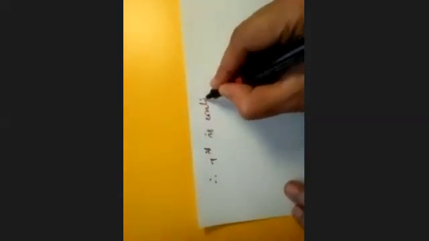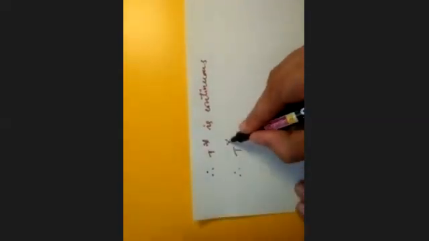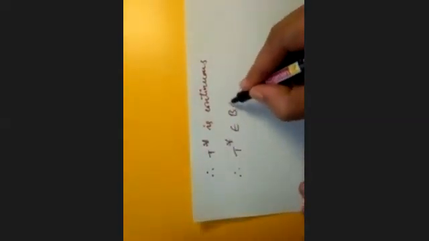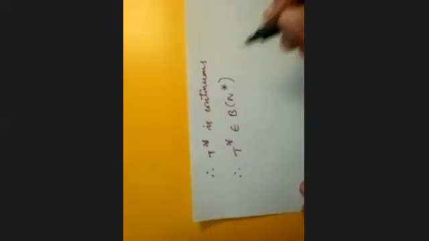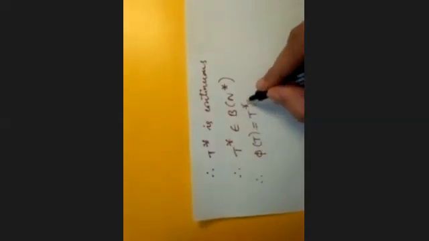So therefore, continuous and linear. So therefore, this T star will belong to B of N star. Therefore, the function phi of T, which is equal to T star, is well defined.